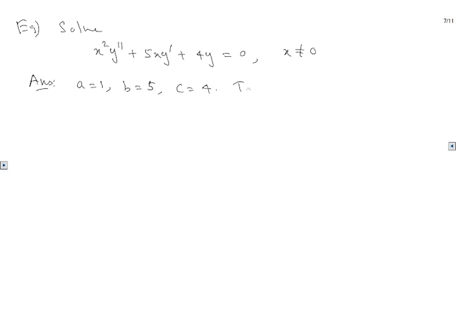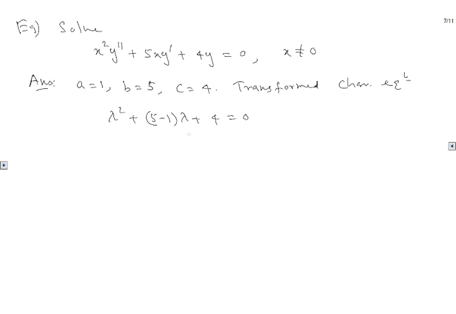Then the characteristic equation is lambda squared plus (5 minus 1) lambda plus 4 equals 0.